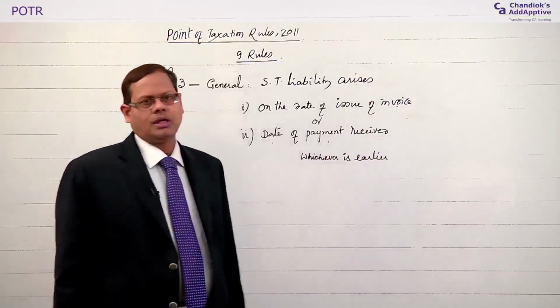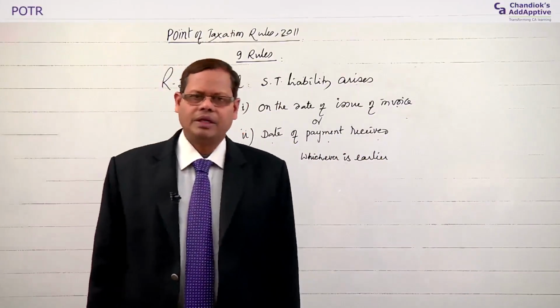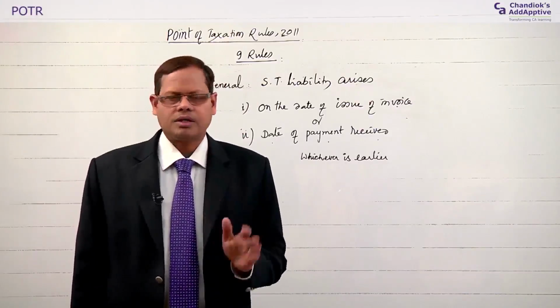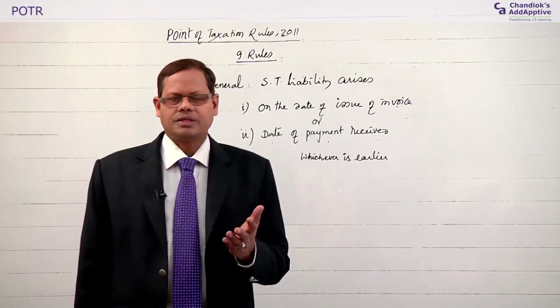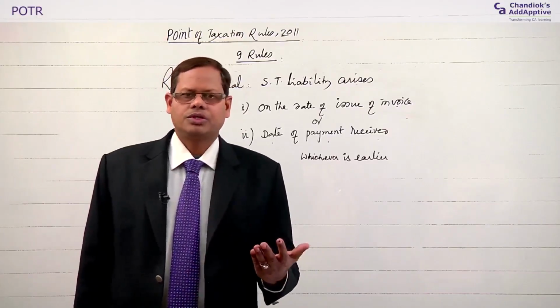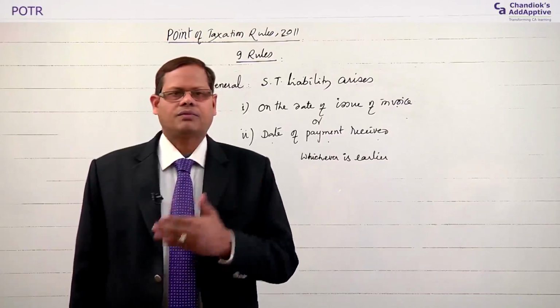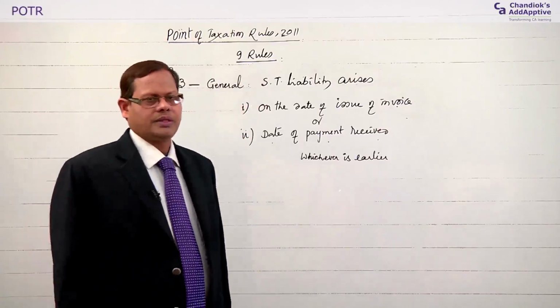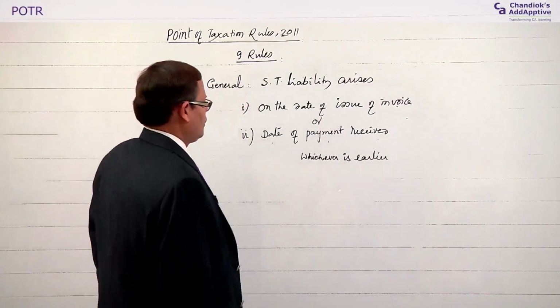These are two things. Suppose you have received money in advance, so tax liability arose. Or you have not received any advance, but you have completed the service, and the moment you complete the service, you have to issue an invoice within 30 days or 45 days as per the service tax rules. Read rule 4.